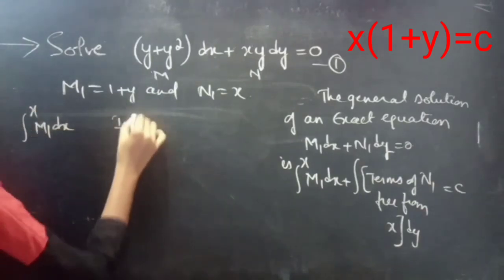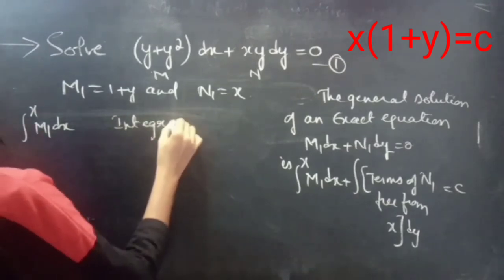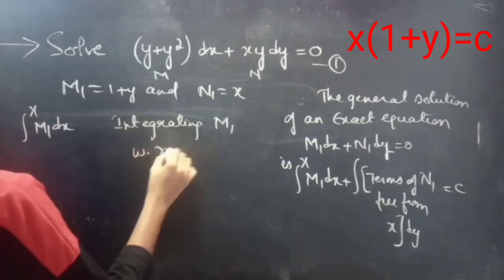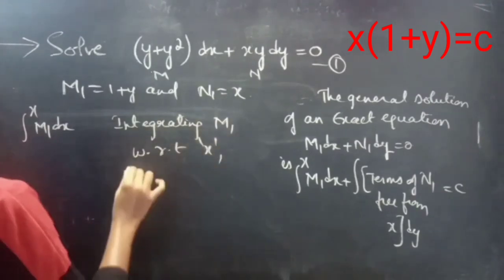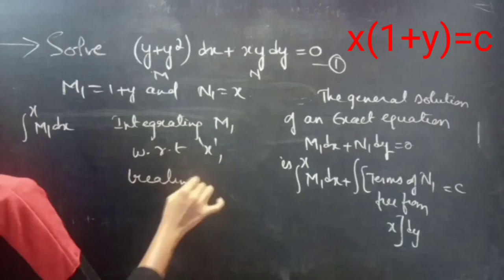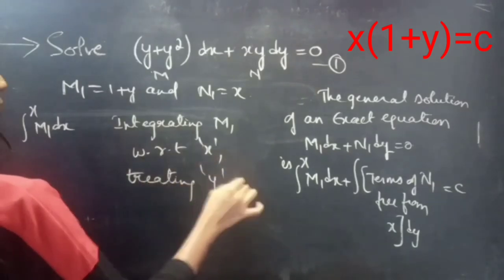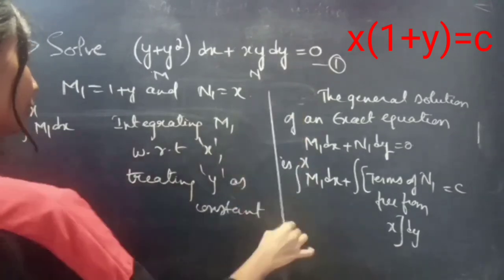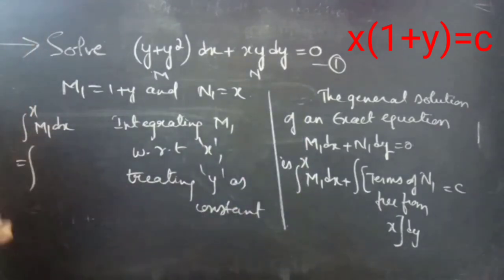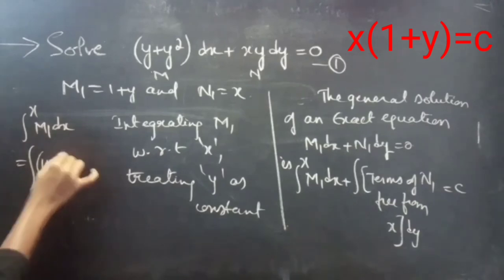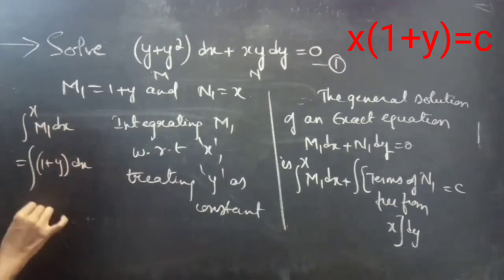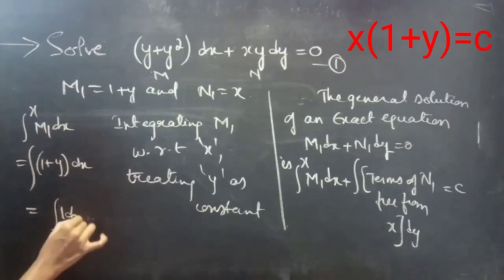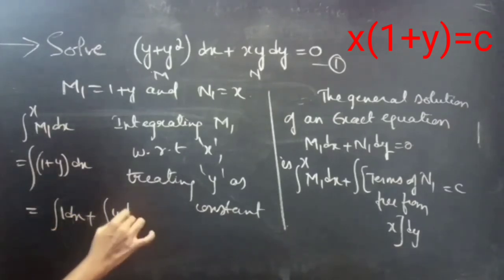Here we'll be integrating M1 with respect to x, treating y as constant. That is the integral of M1, (1 plus y) dx, equals integral 1 dx plus integral y dx.